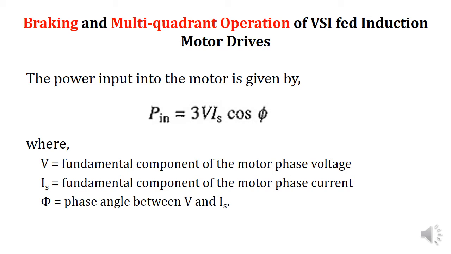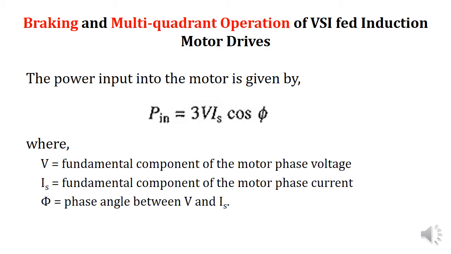All these are per phase values, and phi is the angle between V and IS. So we have to keep in mind that Pin will be positive if the machine operates in motoring mode, and Pin will be negative if it is in braking mode.